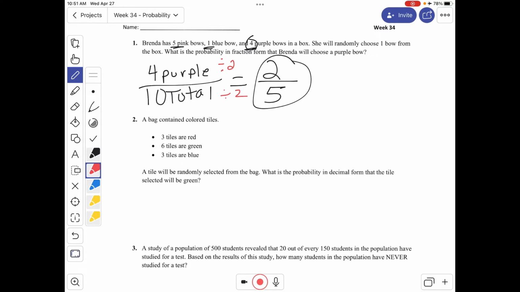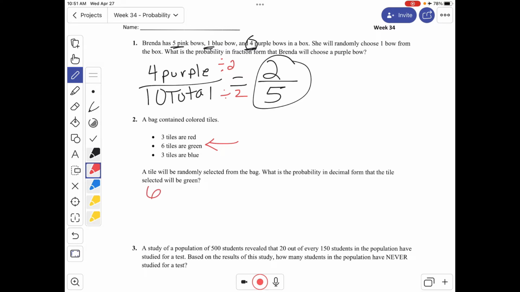Number 2, a bag contained colored tiles. 3 tiles are red, 6 tiles are green, 3 tiles are blue. A tile will be randomly selected from the bag. What is the probability in decimal form that the tile selected will be green?